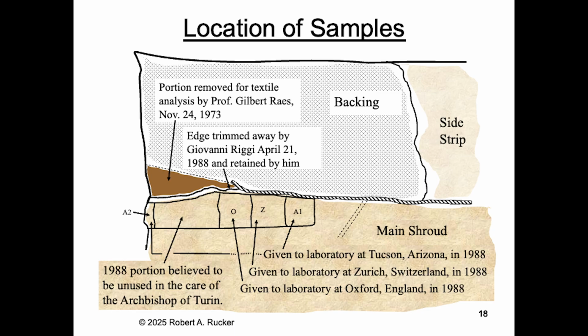So what we have: A1 went to Arizona, so the A for Arizona, Z for Zurich, O for Oxford, and then A2 here. This one, when it was sent with A1 to Tucson, immediately went into the vault. It's there today. Okay, let's move on.